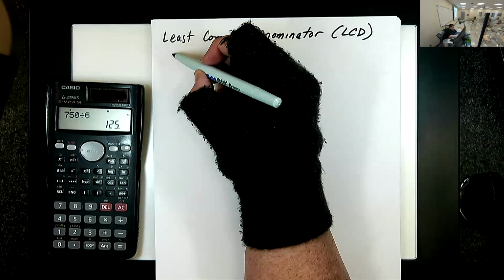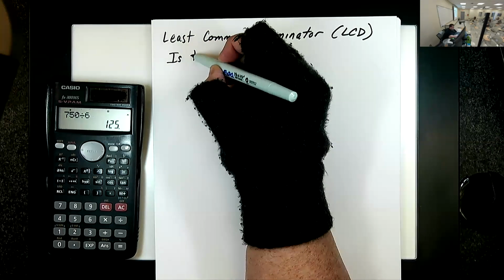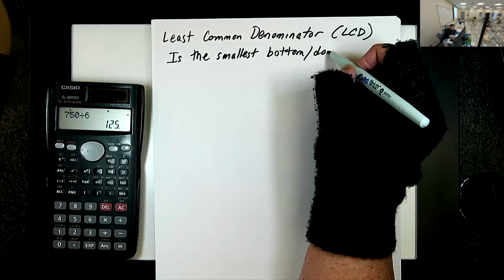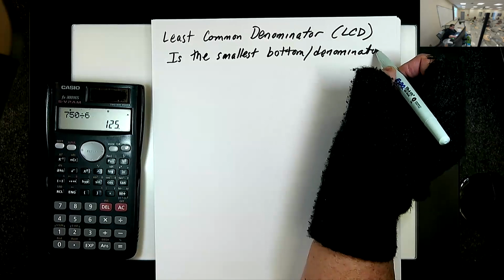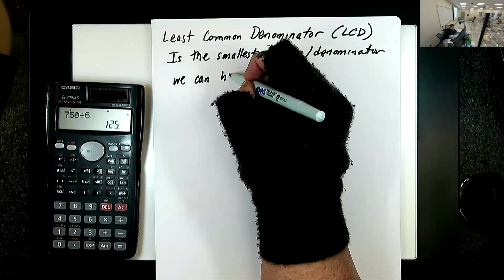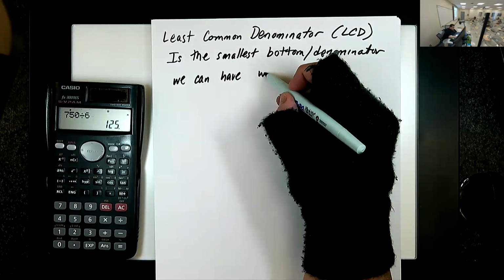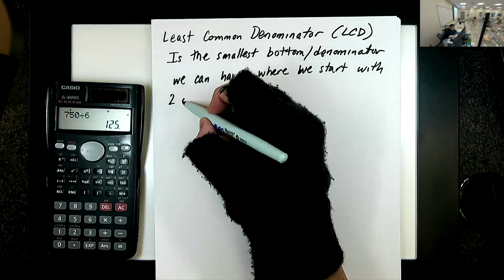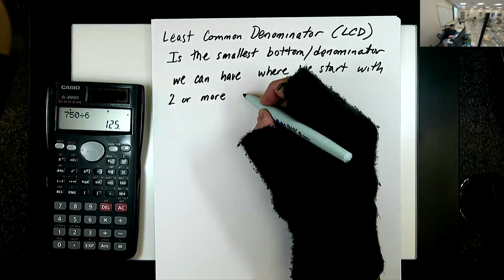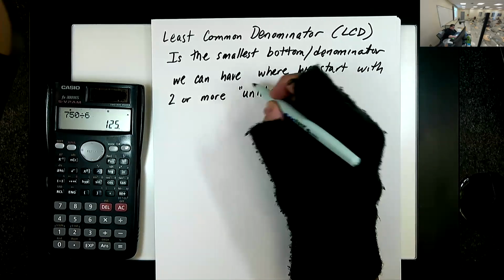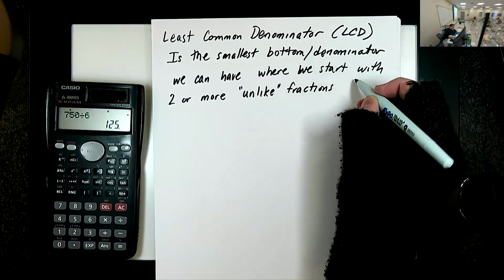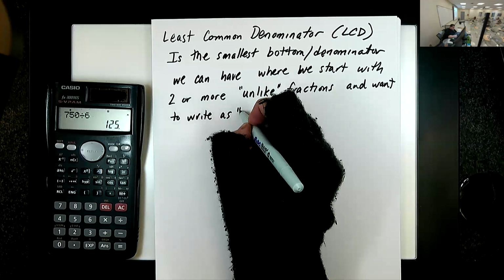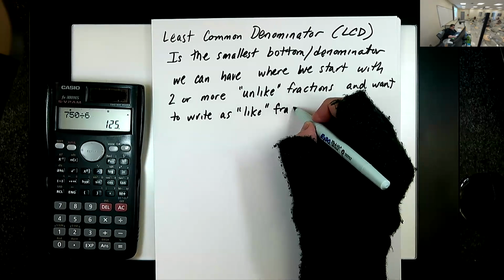The idea here is the least common denominator is the smallest bottom or denominator we can have where we start with 2 or more unlike fractions and want to write them as like fractions. That's not how I said this earlier, but I think this is a good way to introduce like and unlike.